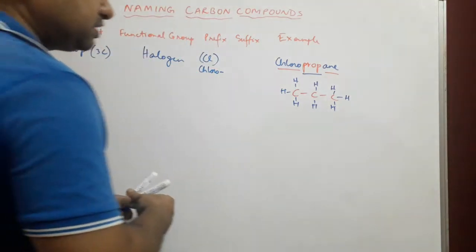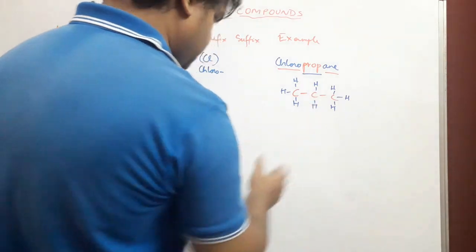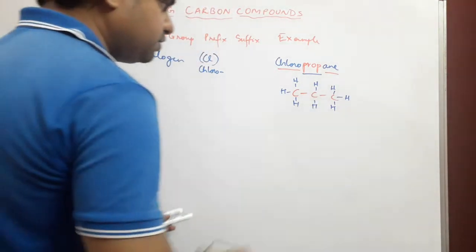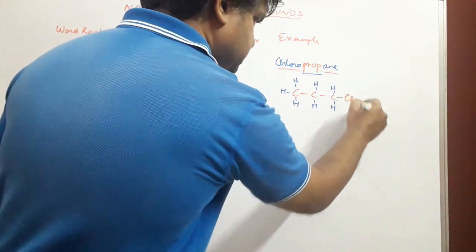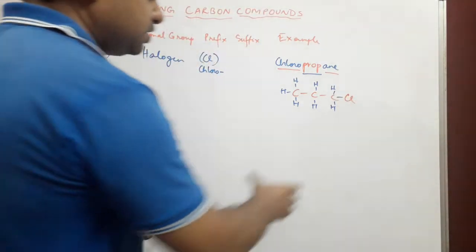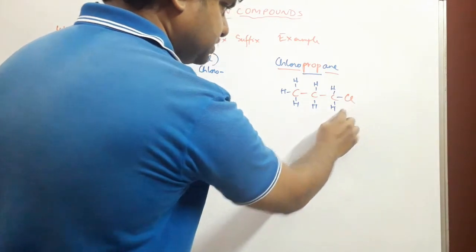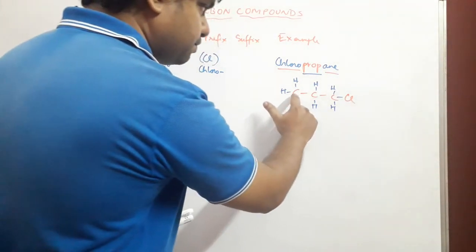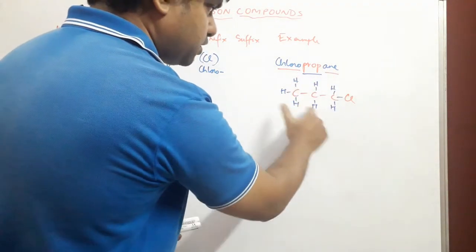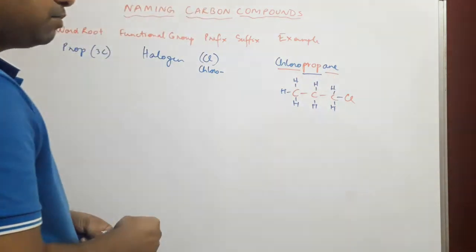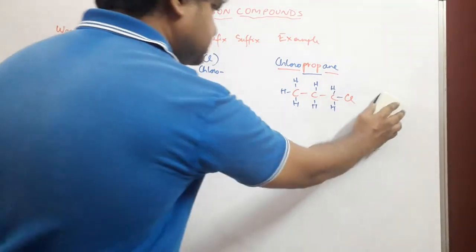And since it says chloro, the chlorine is the heteroatom replacing one of the hydrogen atoms, so we replace this one and write it as Cl. So this now becomes your chloropropane. Chloropropane, why? Because there is Cl as your functional group, prop because there are 3 carbon atoms, and ane because there are all single bonds in this carbon chain. So I'll erase this part.